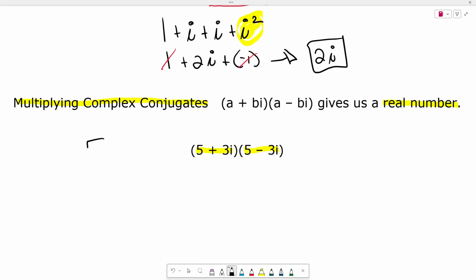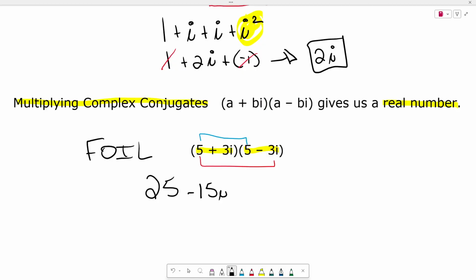So, using FOIL to multiply, I'm going to multiply my first two pieces, 5 times 5. 5 times 5 gives me 25. Multiply the outsides, 5 and negative 3i gives me negative 15i.